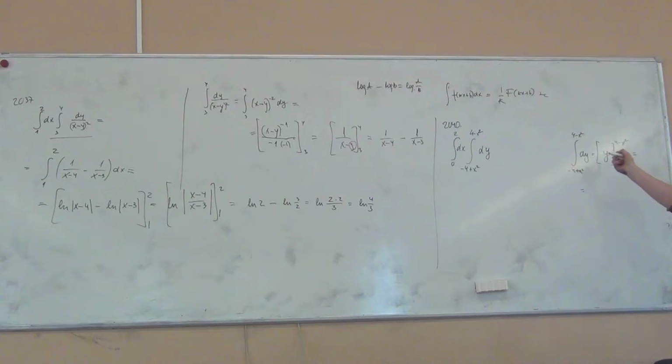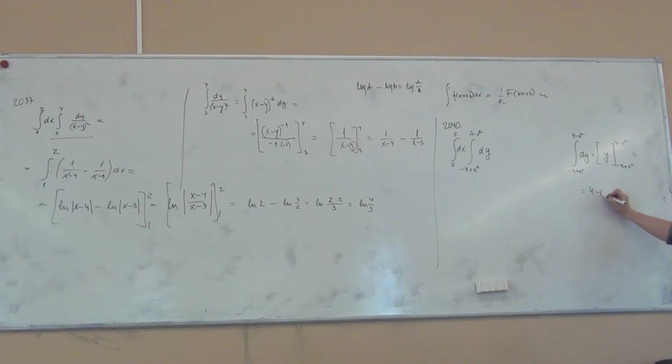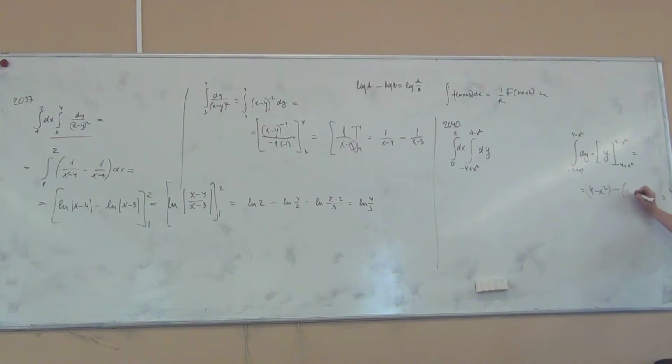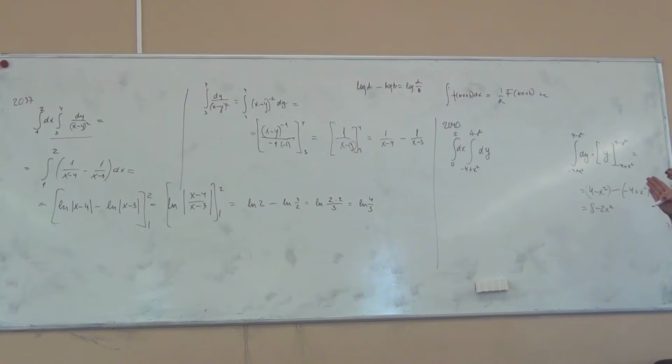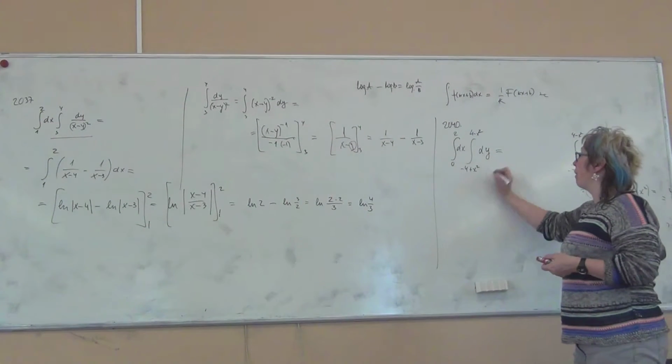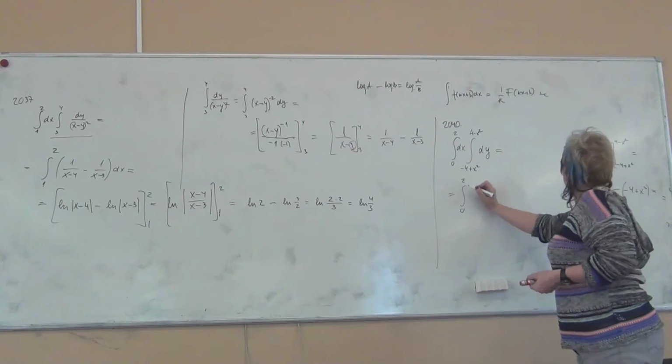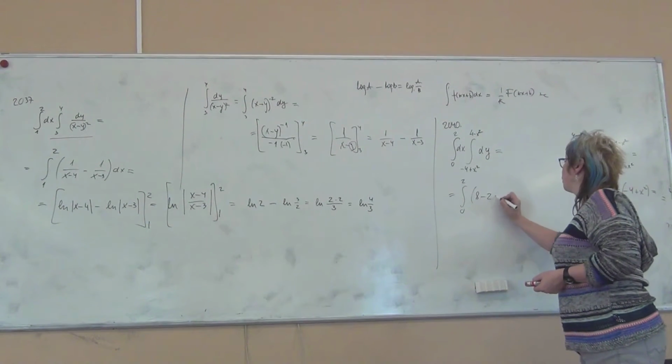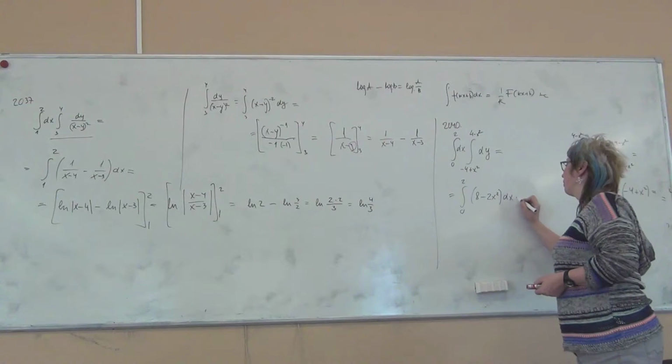Now it's easy, no confusion at all. So 4 minus x squared minus 4 plus x squared, which means I have 8 minus 2x squared now. And now this is what I have to integrate there. Put it back there, from 0 to 2, 8 minus 2x squared dx.